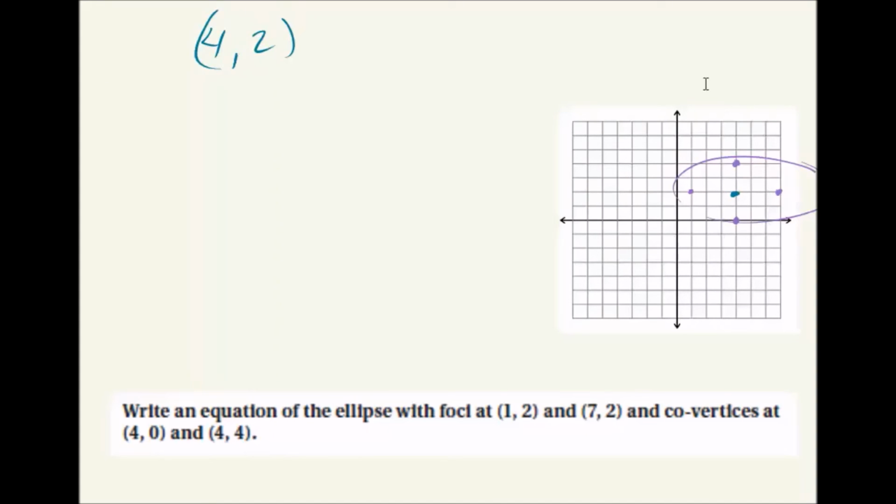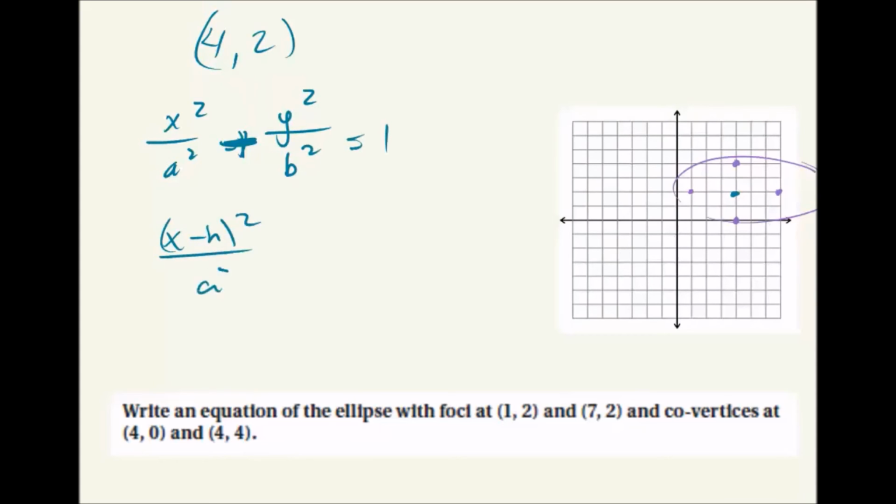Now, because this is a horizontal ellipse, we can use the equation x squared over a squared plus y squared over b squared equals 1. And we can start plugging in information. Of course, because this one has been translated, the actual form we're going to use is (x minus h) squared over a squared plus (y minus k) squared over b squared equals 1.